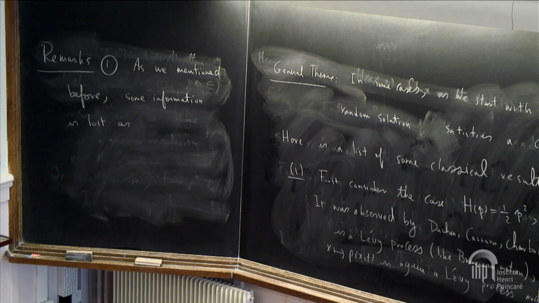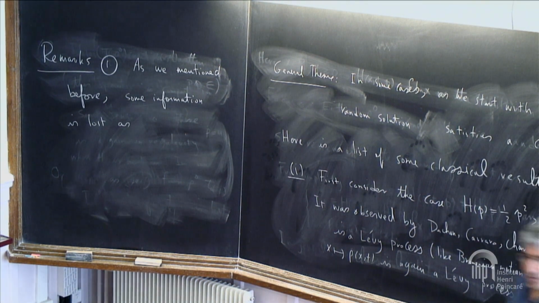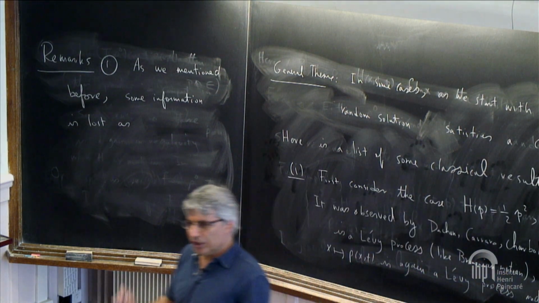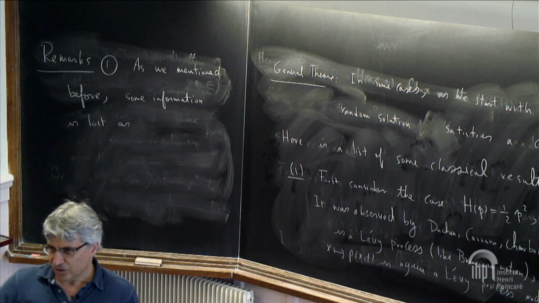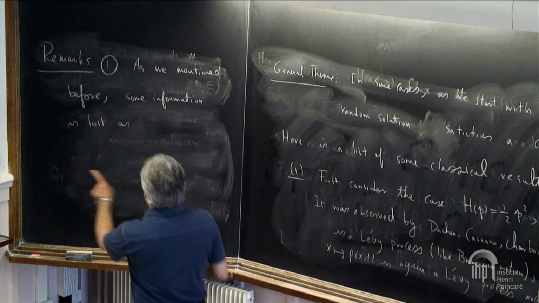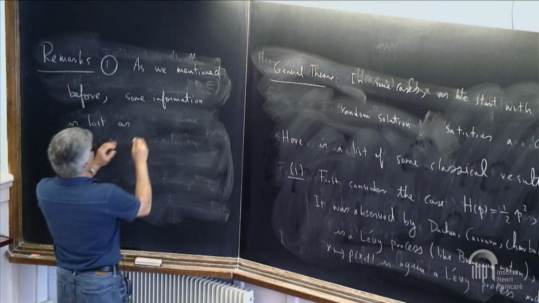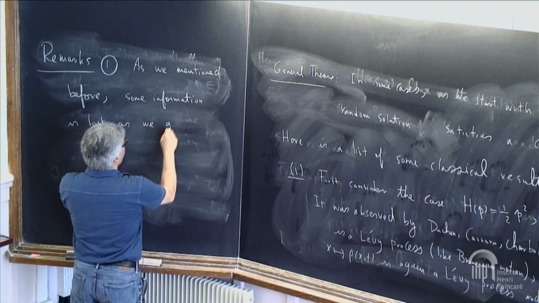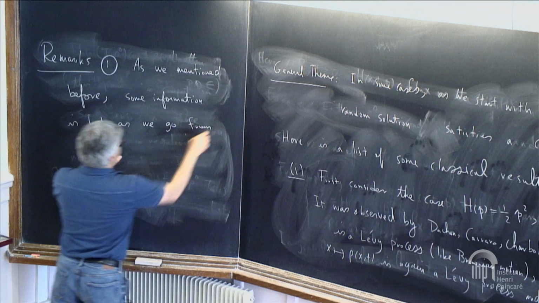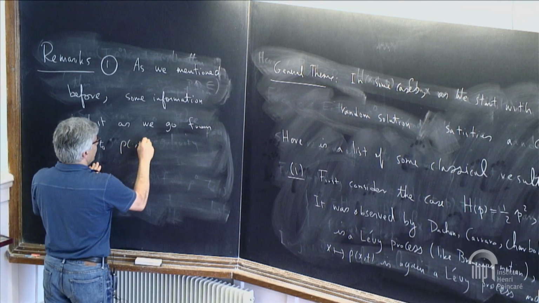And also, what happens at later time, you get a process. Let's see, what's the best way to say this? It's not stable in general. It could be general. Yeah, but you need some regularity on the measure. There's some kind of integral condition you have to put on the measure. So I'm not stating everything. Maybe I'll state it as a part of the remarks. So information is lost as we go from rho 0 to rho t.